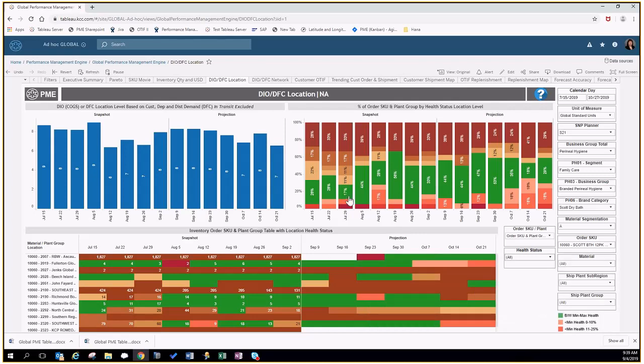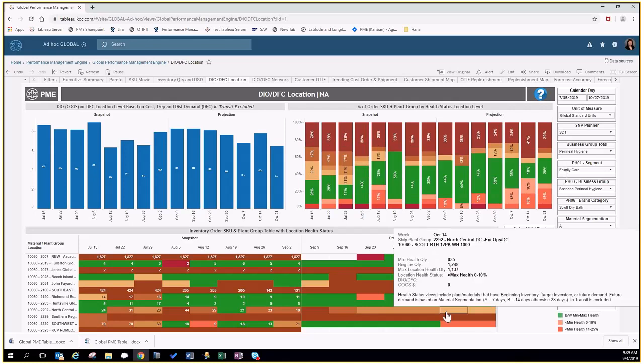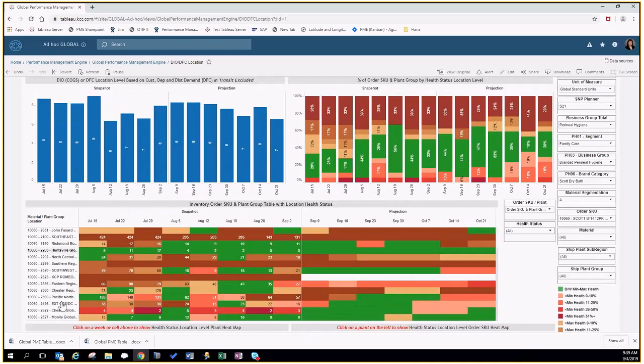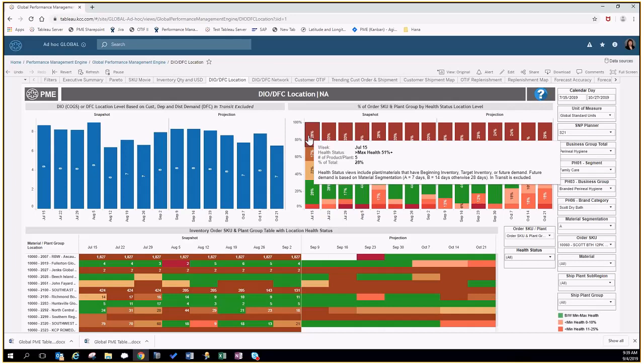And then up here what we do is we say, okay, of all of the plants that produce this material, and you can see here that there are quite a few plants that produce this material, of all of those, how many of them were greater than max health 51%, and what percent of the total for that week had this health status?